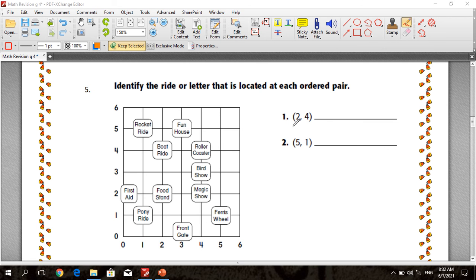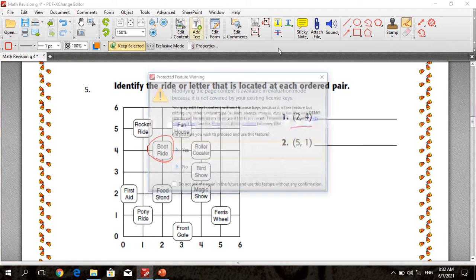Let's see the first one. Here we have 2 and 4. We always start from the bottom, from this side. So let's go to 2, then go up until we reach 4, and we get this letter, both rate. We will write it here.